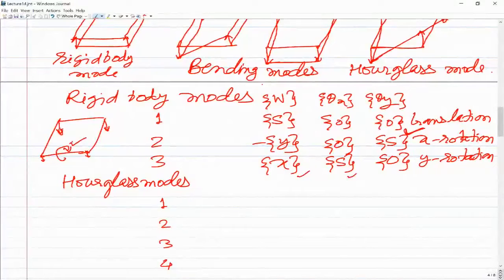If both are present, there may not be decoupling if you get the eigenvectors as they are. So there might be a coupled mode, but still you will have three correct rigid body modes. That means if you plot the deformed shape of the element, it would still be a flat surface with some displacements of its nodes.